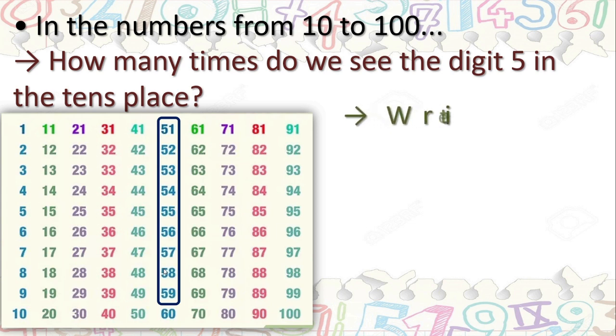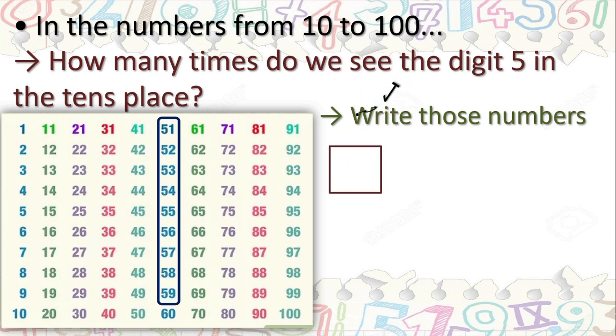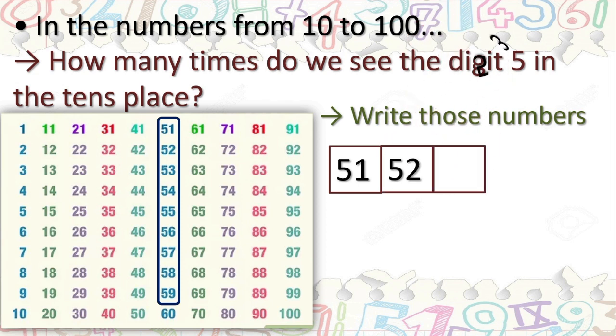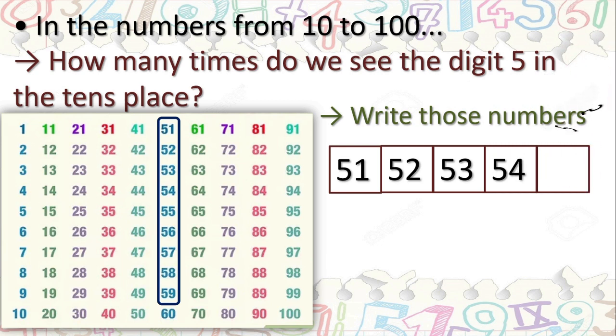Okay, we will copy these numbers here. See, this is 51. Please observe carefully so that you will come to know the tens place has 5 in each number.